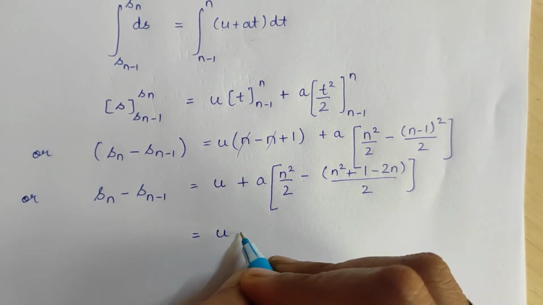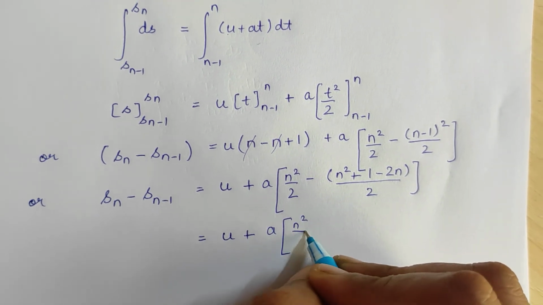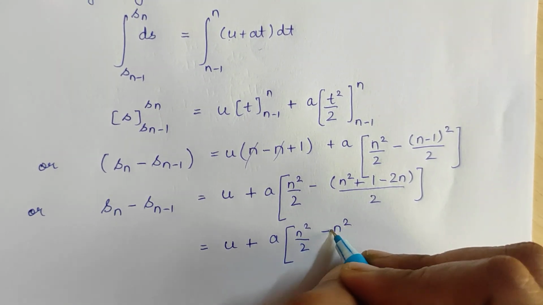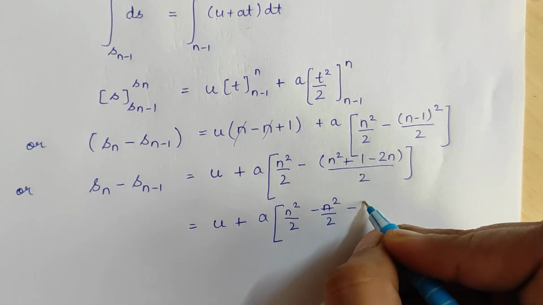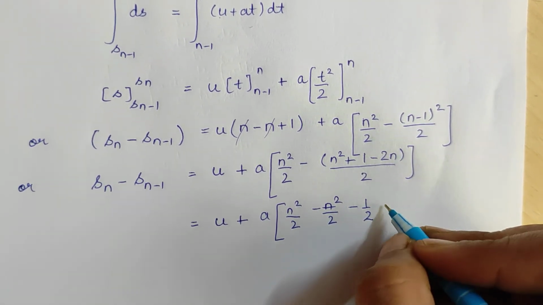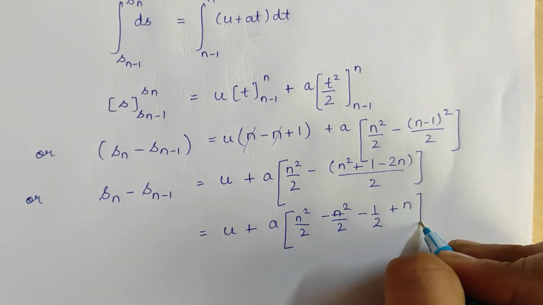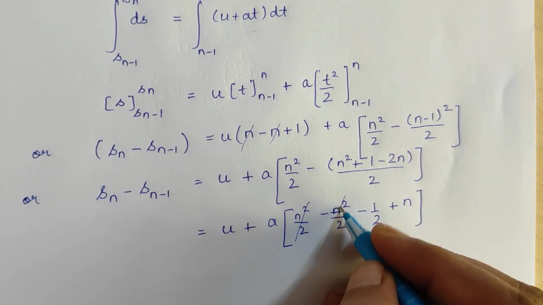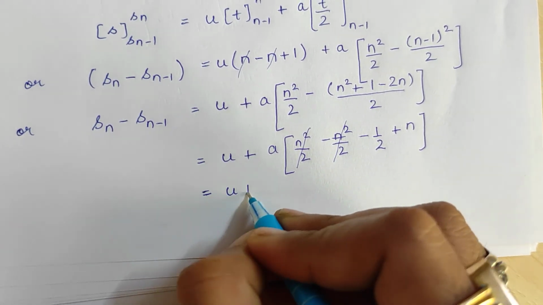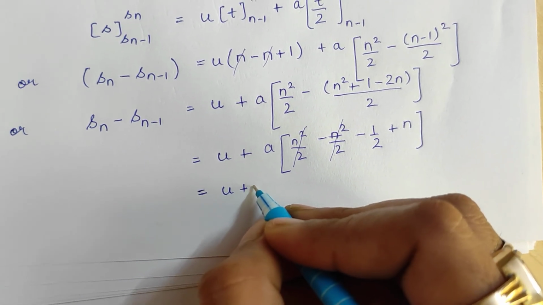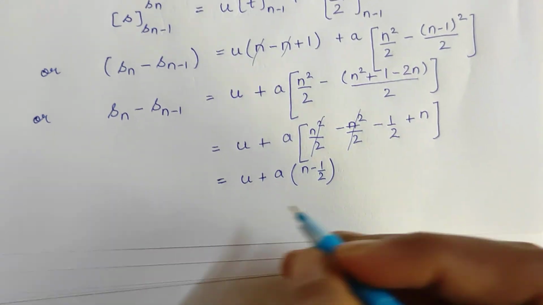Now if we solve further, we get a times n square by 2 minus n square by 2, minus 1 by 2, plus 2n by 2, which is n. Fine. So n square by 2 and n square by 2 get cancelled. What are we left with? u plus a times n minus 1 by 2.